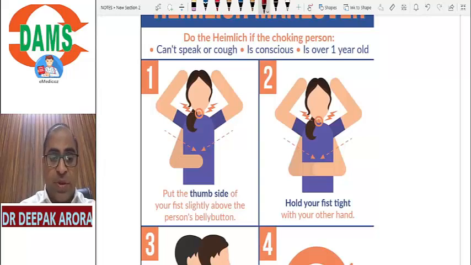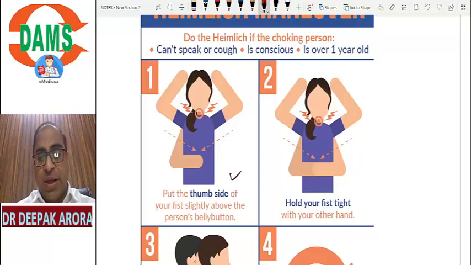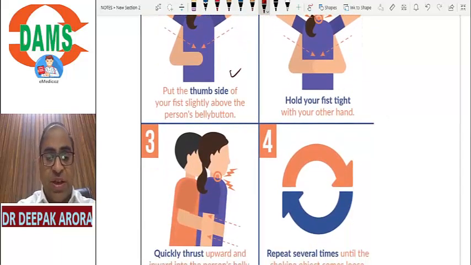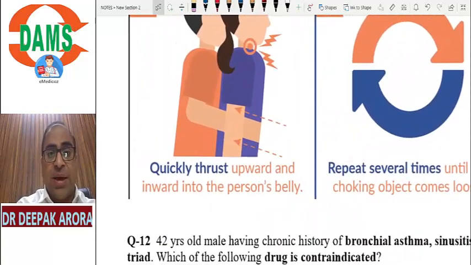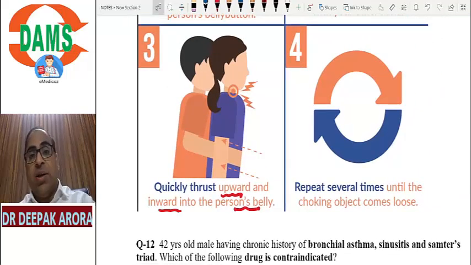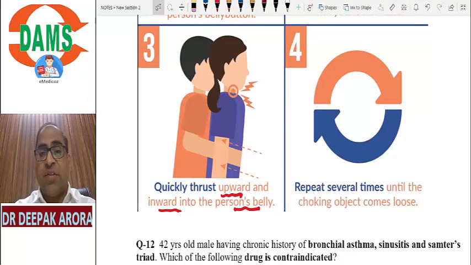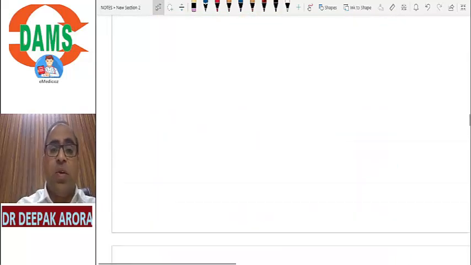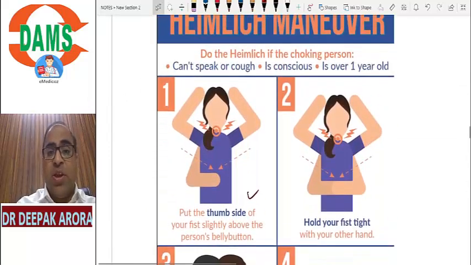We put the thumb side just below the patient's belly button, hold it tightly and push it. A thrust should be there. The force should be upward and inward into the person's belly, so that it pushes out the obstructing foreign body in the respiratory tract. This helps a lot. This is one of the simplest methods where you can help a patient.